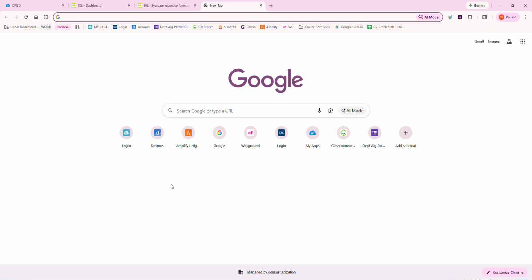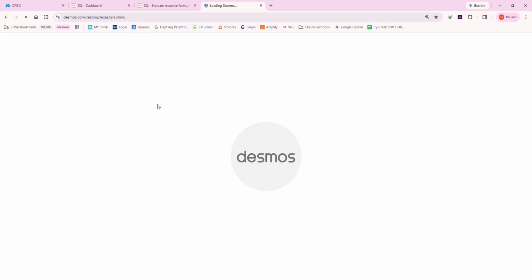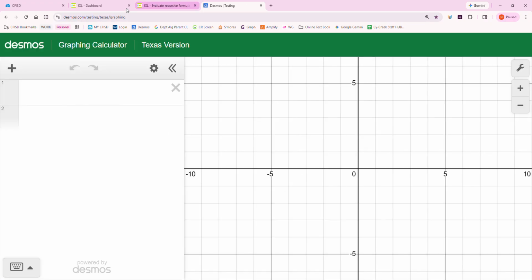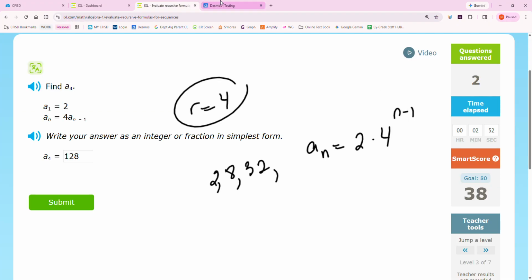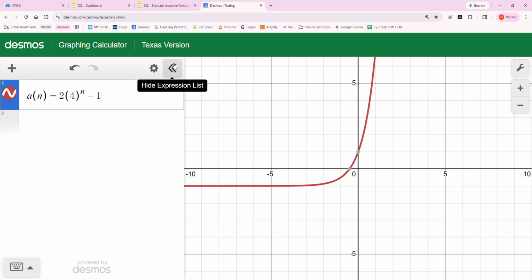Because if I go over here to Desmos and I put in my equation, so I'm going to put A, now I'm going to put parentheses instead of the subscript. We said our first term was 2, and then we said our rate was 4. And then I'm going to do the exponent of n minus 1.